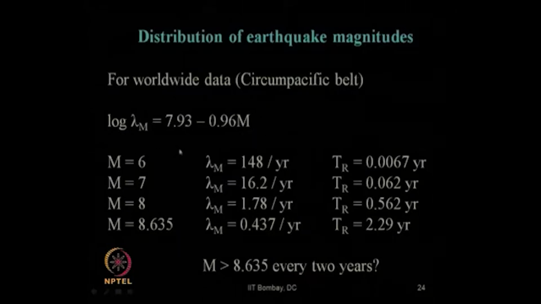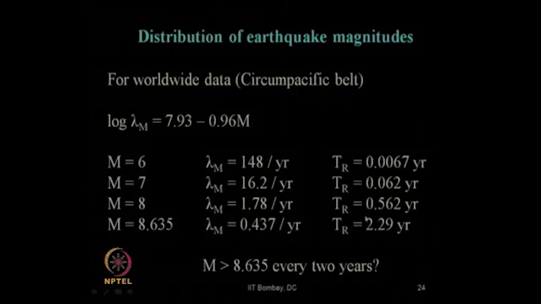So, how can we use this equation? For a selected value of magnitude of earthquake, say m equals to 6, lambda m you can easily calculate using this Gutenberg-Richter recurrence law. You will get the lambda m, and correspondingly you will get the TR value, which is nothing but the inverse of this lambda m. Similarly, for other magnitudes also you can calculate these values.